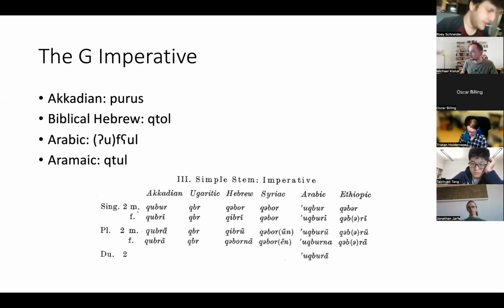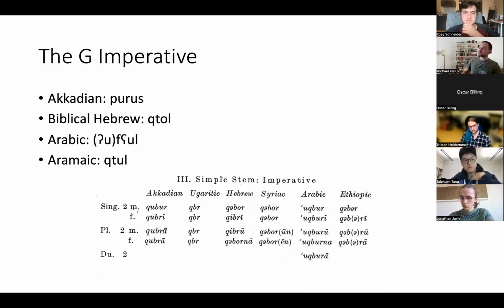And the first inflecting form I want to talk about this time, sorry, is the imperative. So does anyone want to say anything about the imperative in Semitic languages? It's quite interesting, I think. I mean, I think, say, because in Akkadian, the first vowel is determined by the second vowel.